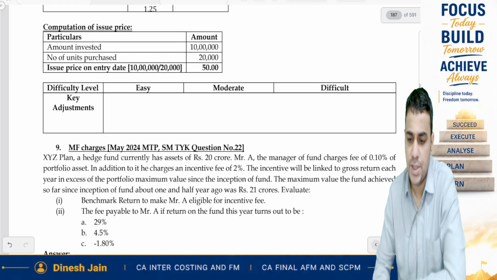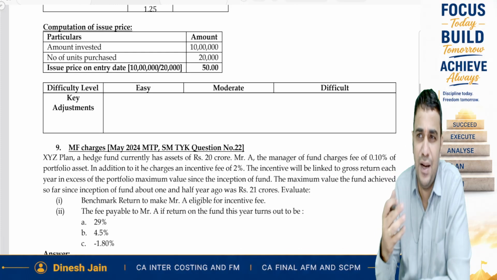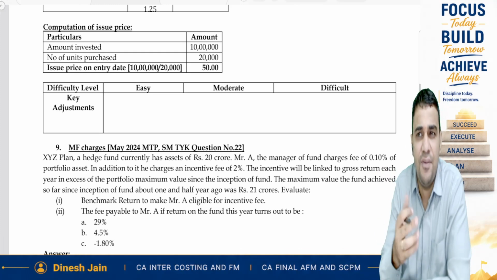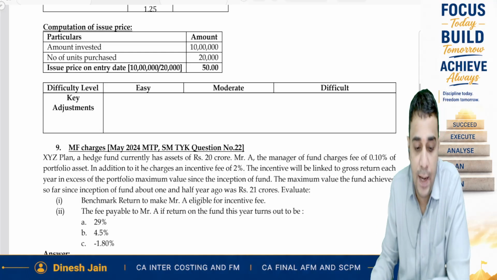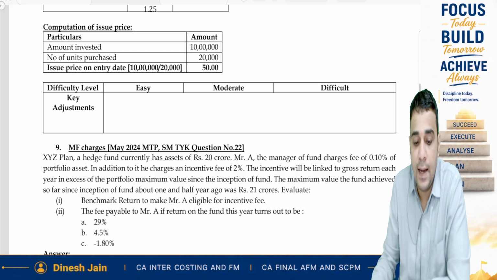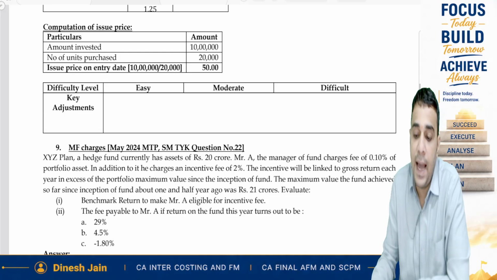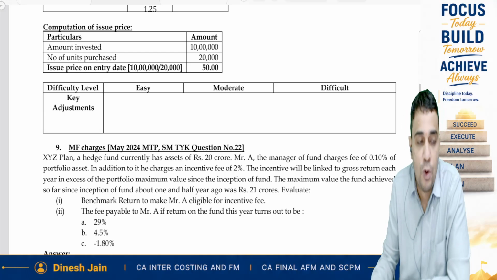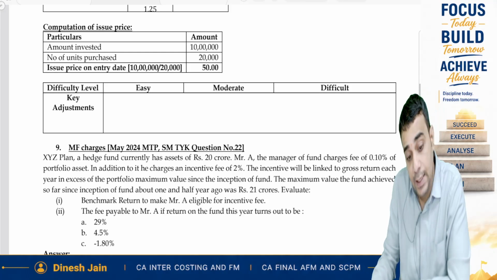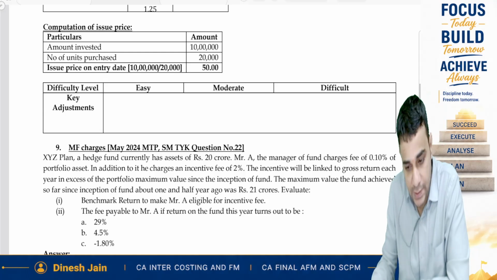Okay, I'm doing question 9. It is not linked to any specific concept. It is an altogether different kind of question. I haven't covered any specific concept in the concept book for this. XYZ plan, a hedge fund, currently has assets of 20 crore. Mr. A, the manager of the fund, charges 0.1% of the portfolio asset. In addition, he charges an incentive fee of 2%.